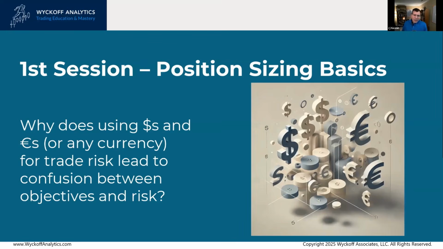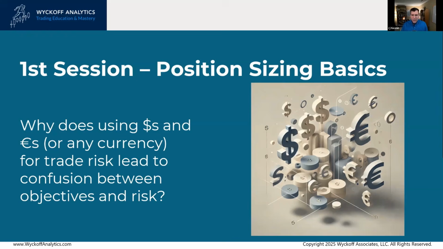Why does using dollars and euros, or any currency for that matter, in talking about trade risk lead to confusion between objectives and risk? It's better to think in separate terms when you're thinking about objectives and risk and position sizing.